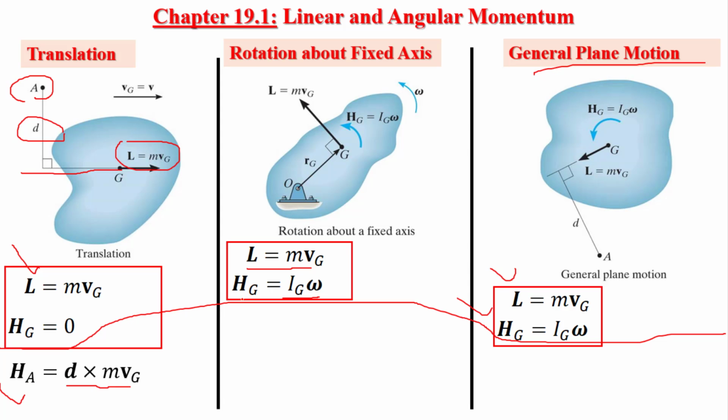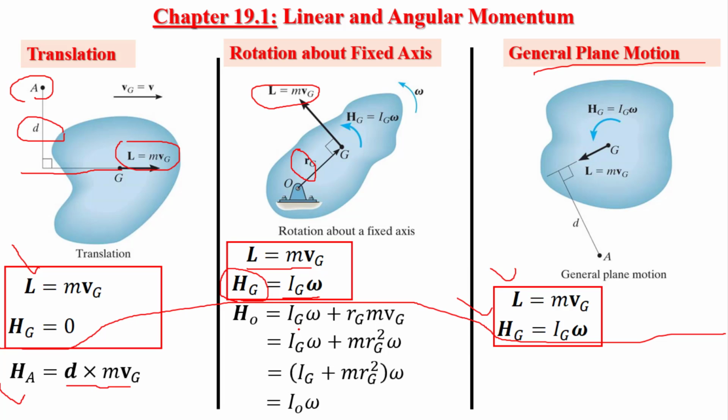Here it is the same. If I need to find the angular momentum about O, I do a cross product between Rg and mvg. Here it is: Ig omega plus Rg mvg.